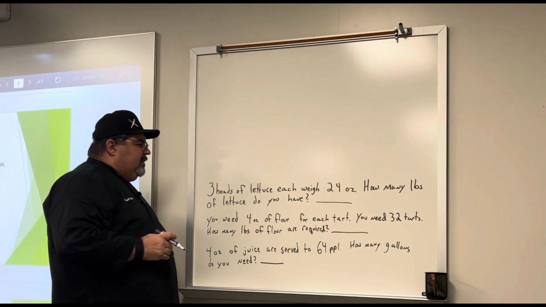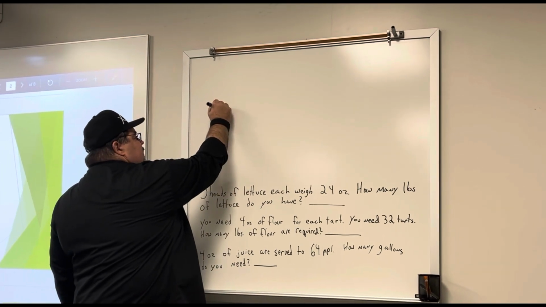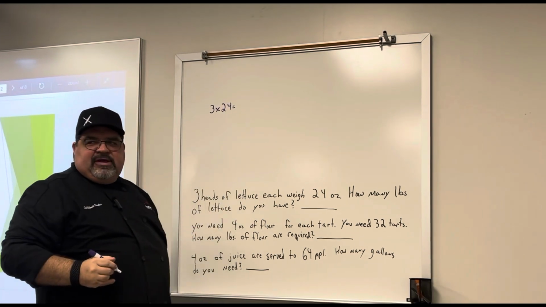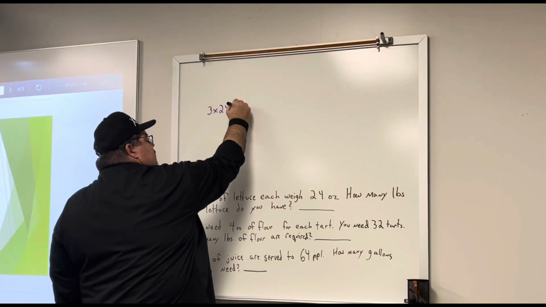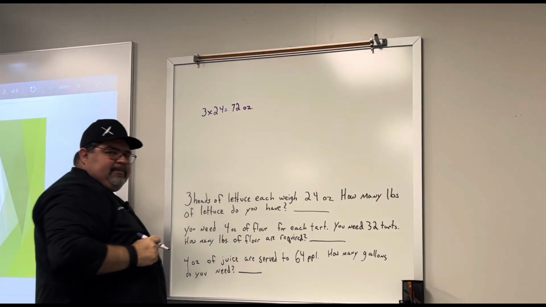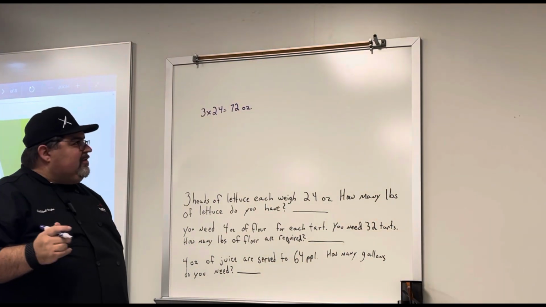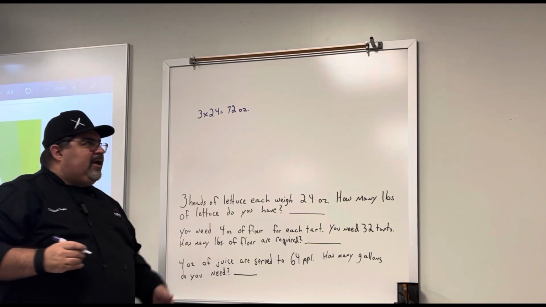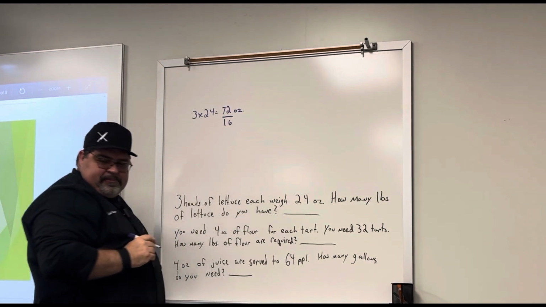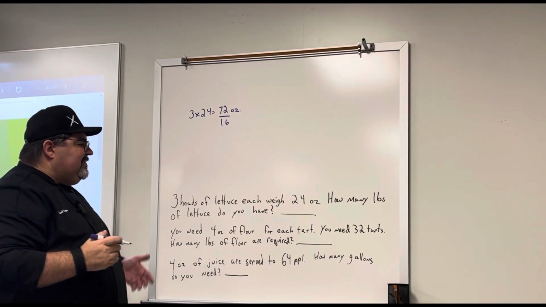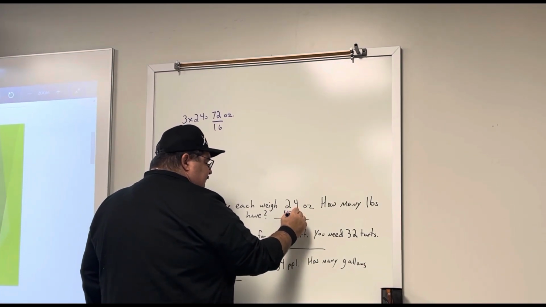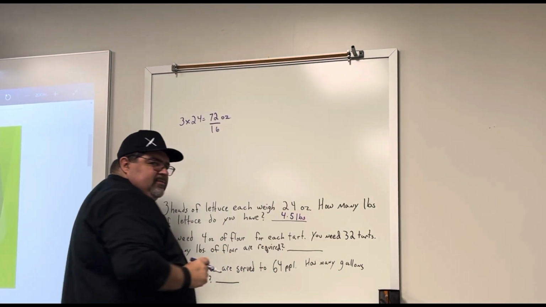We're going to say we have 3 times 24, and that's going to give us 72 ounces. If we want to know how many pounds we have, we take 72 divided by 16, that gives us the answer of 4.5 pounds.